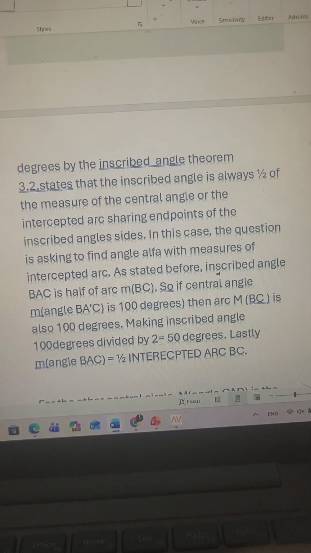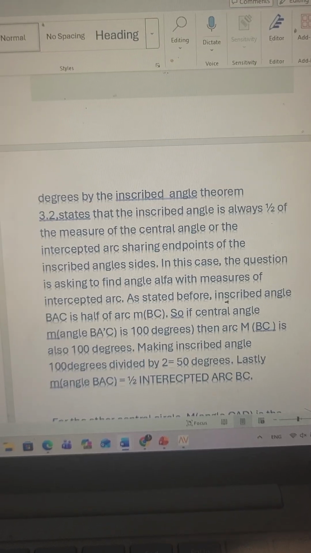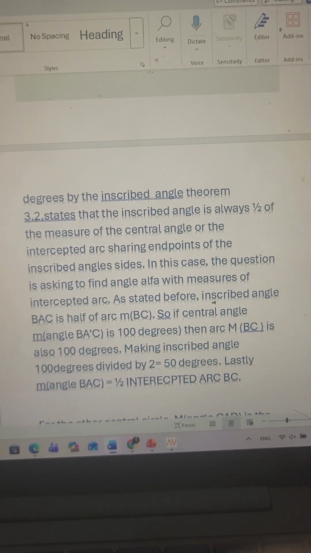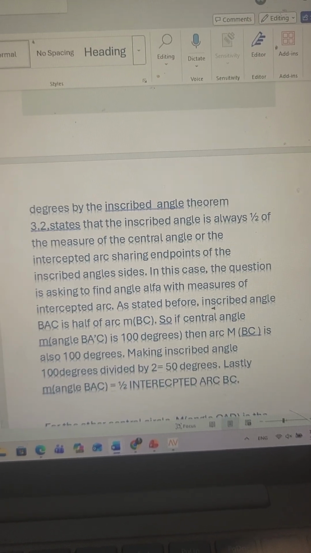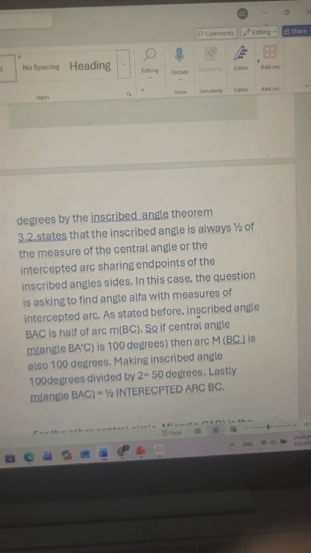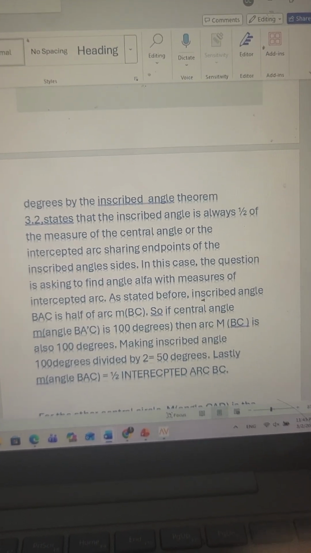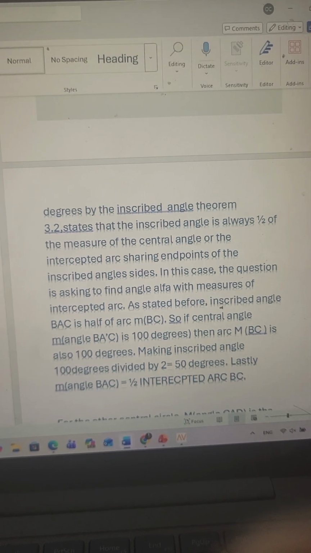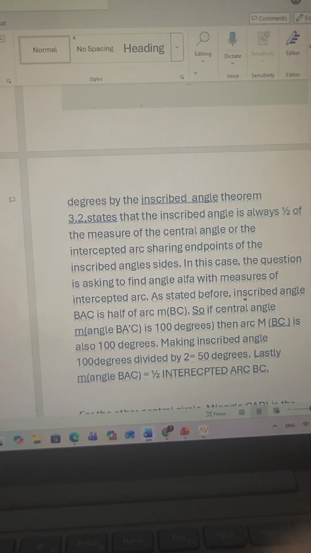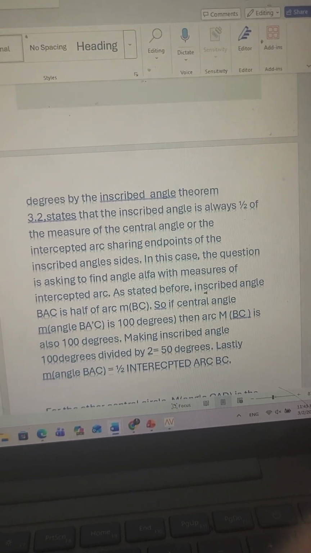As stated before, inscribed angle BAC is half of arc measure BC. So if measure angle BA prime C is 100 degrees, then arc measure BC is also 100 degrees. Making the inscribed angle 100 degrees divided by 2 equals 50 degrees. Lastly, measure angle BAC equals 1/2 intercepted arc BC.